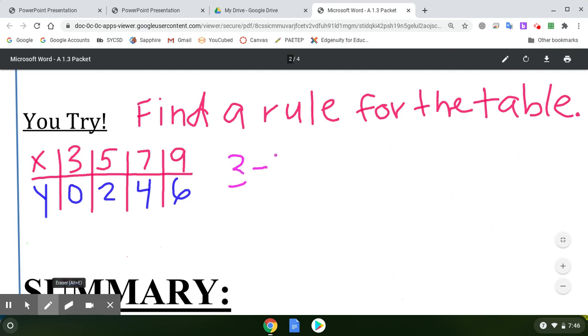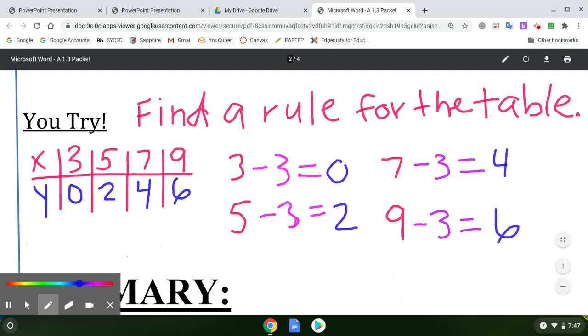3 minus 3 equals 0. 7 minus 3 equals 4, and 9 minus 3 equals 6. As you can see, I kind of color-coded all of my inputs the same color in the equations and all of my outputs the same color. This really lets us see the format of our rules. So everything in blue represents y.